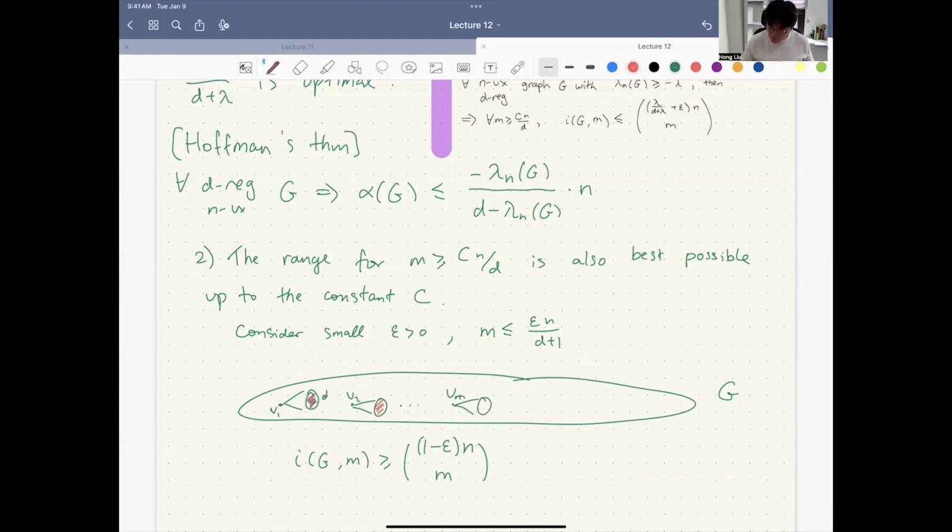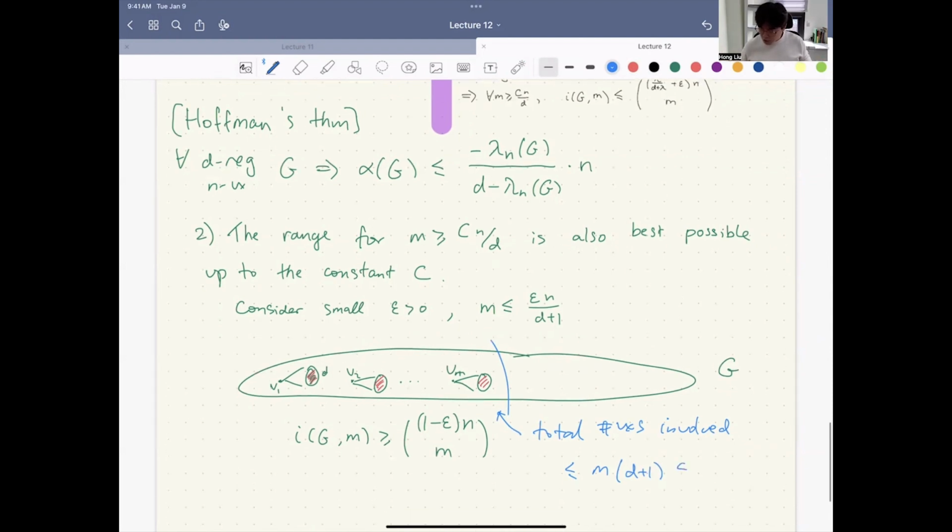You remove, right? Now, what's the total number of vertices that we removed? The total number of vertices involved is at most, we have m rounds. Every round, we pick a vertex vi, we delete its neighborhood, which is d vertices. So it's m times (d plus 1), which is at most epsilon n. In other words, there are at least (1 minus epsilon) n vertices left here.